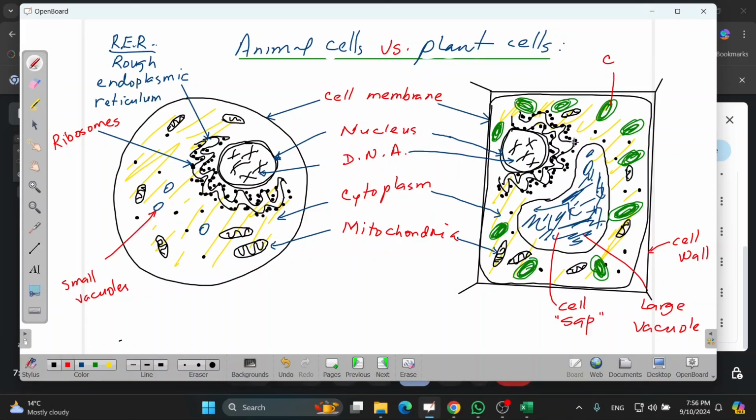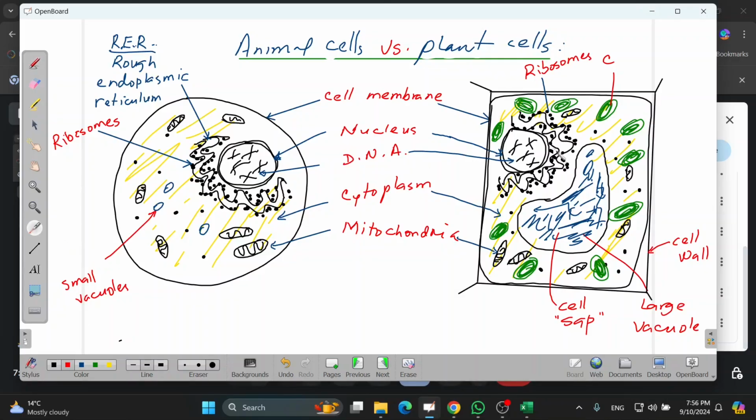Well, actually the ribosomes in a plant, thank you for mentioning it, are these dots, just like in an animal cell, right? These dots are the ribosomes in a plant. They also have ribosomes, which are these ones here. Sorry, I didn't say that plants also have ribosomes.